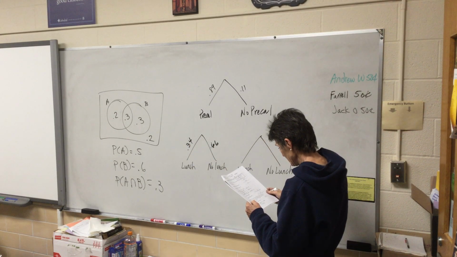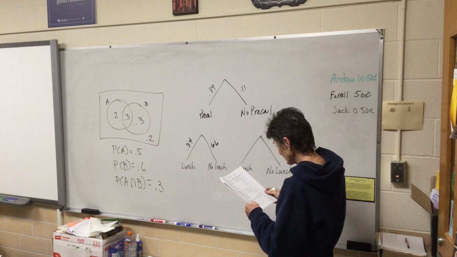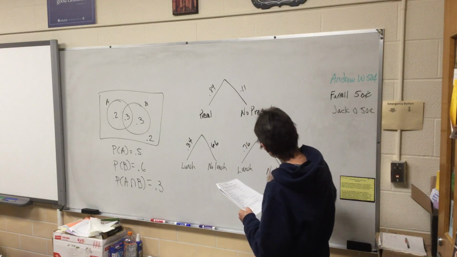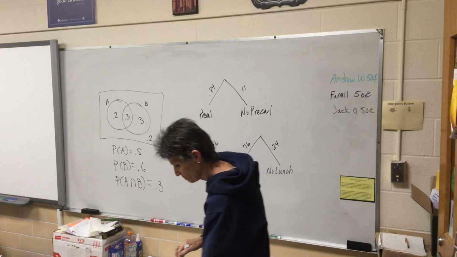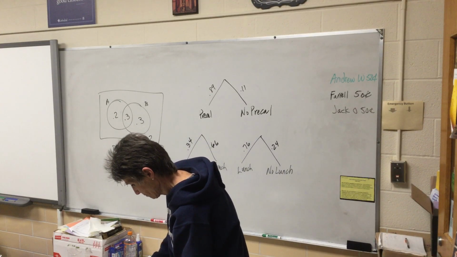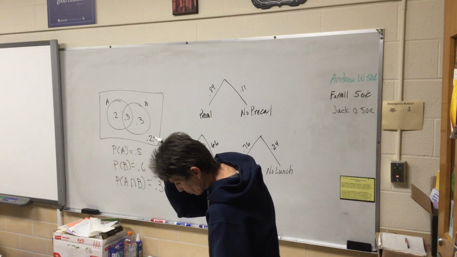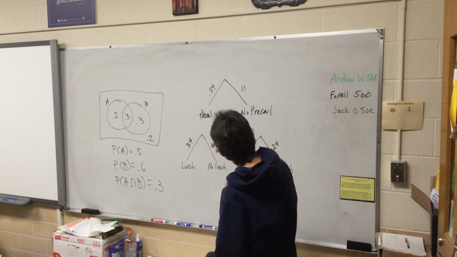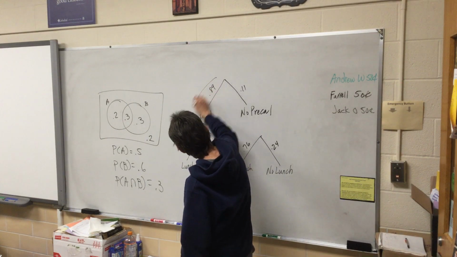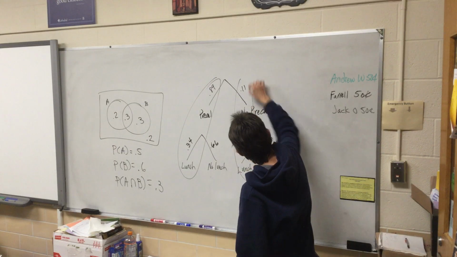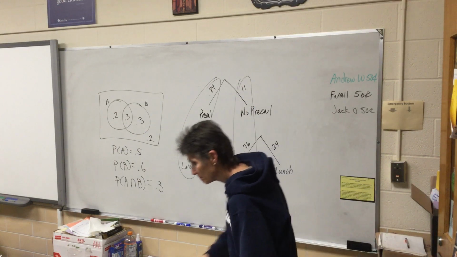And if he doesn't take pre-calculus, he buys lunch 76. And we want to know what's the probability that he buys lunch. So that'll be this branch here and this branch here. Would you agree with that?